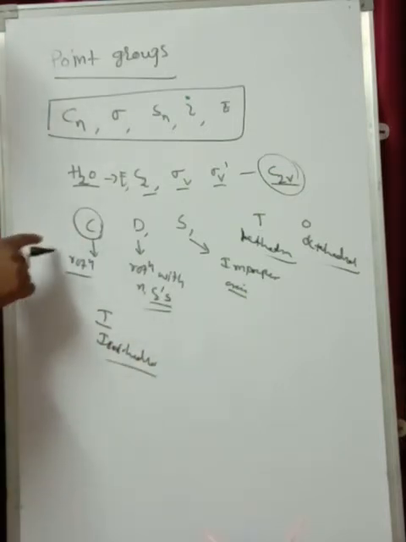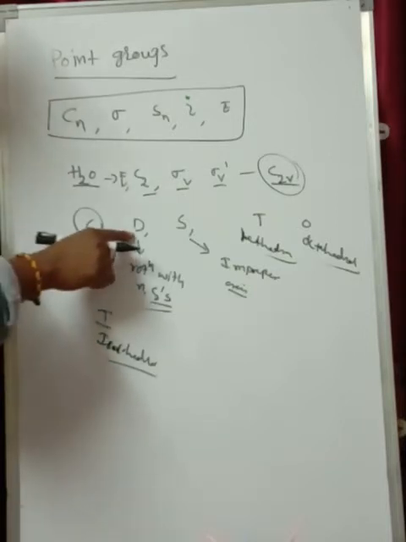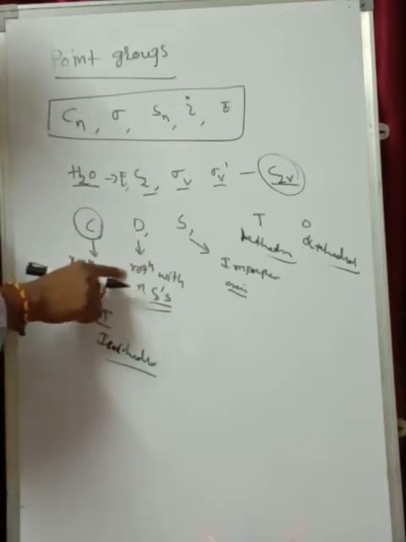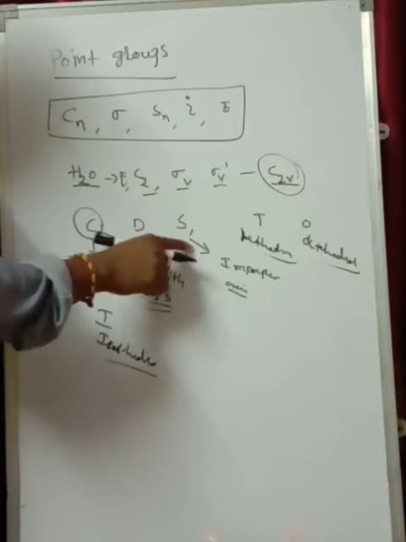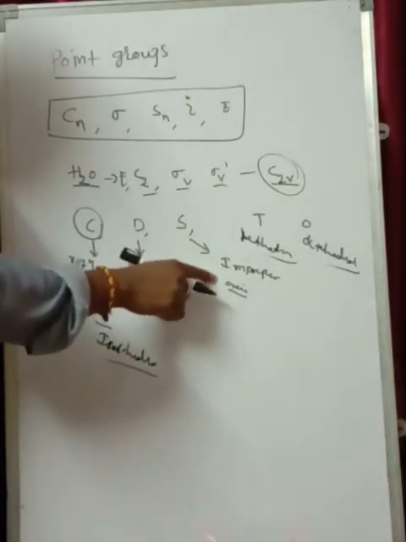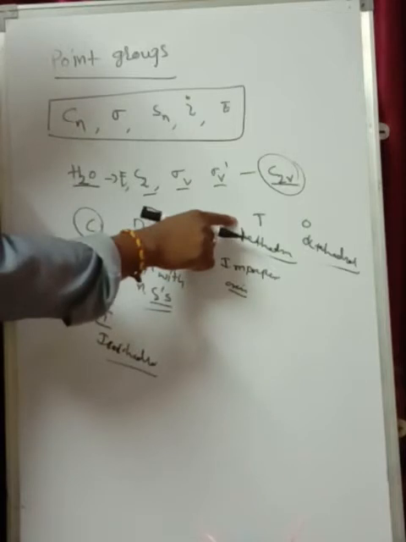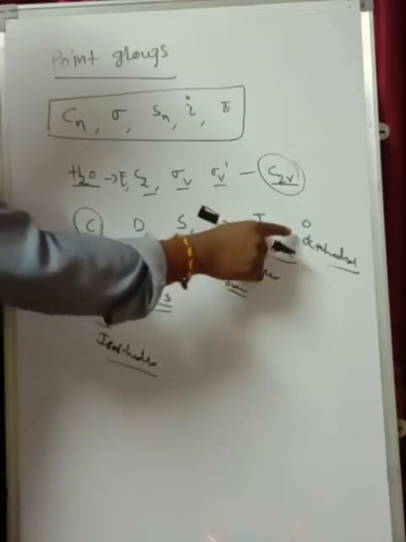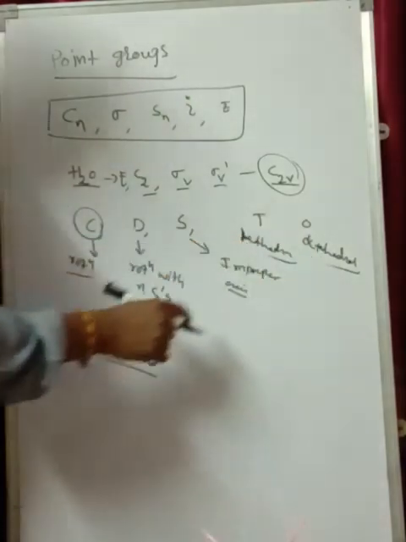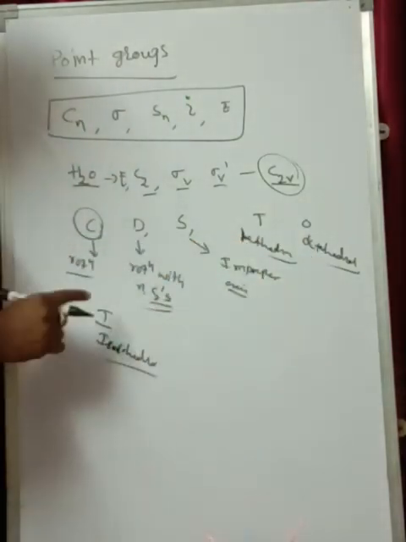Now, as told, C represents the highest symmetry element, here rotation. If the point group starts with D, it has a rotation along with n number of C2s in it. If it is represented by S, it has a principal higher symmetry as an improper axis of symmetry. If it is represented with T, then it is of the tetrahedral type. And if it is represented by O, it is octahedral. And if it is I, it is icosahedral.